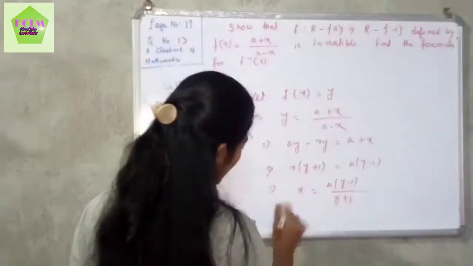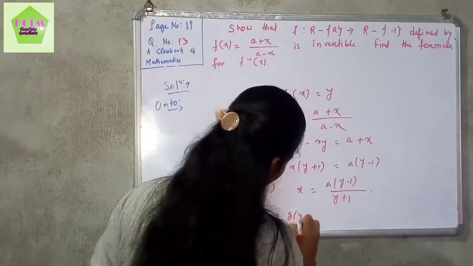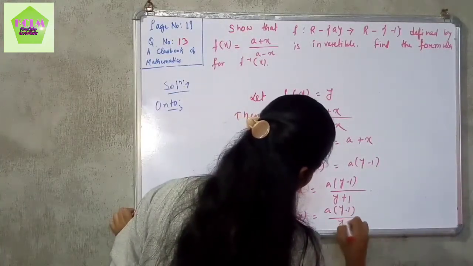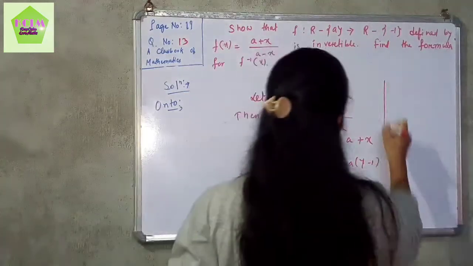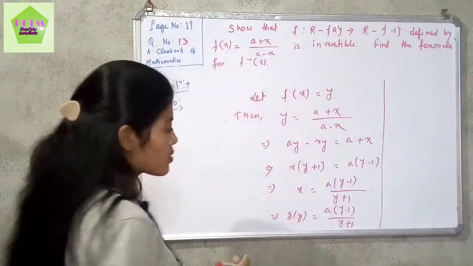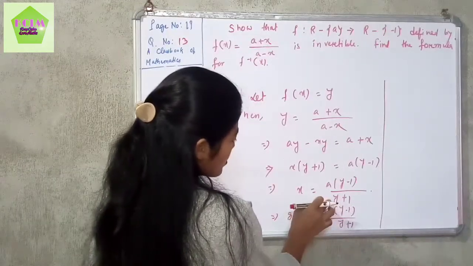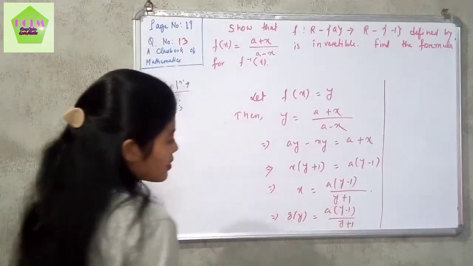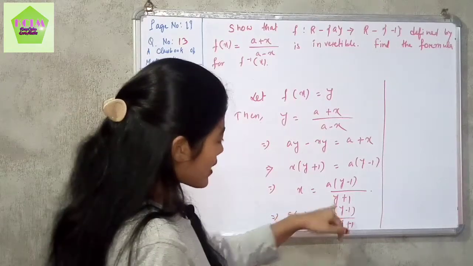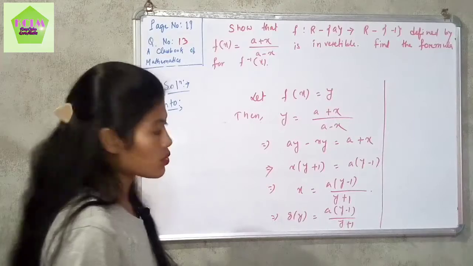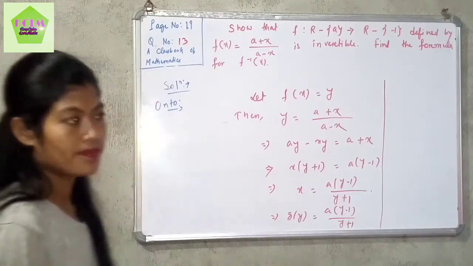And let us take this x as g of y equal a times y minus 1 by y plus 1. Now, in the denominator, if we put y equal to minus 1, then it will be 0, and whenever the denominator is 0, it is undefined.